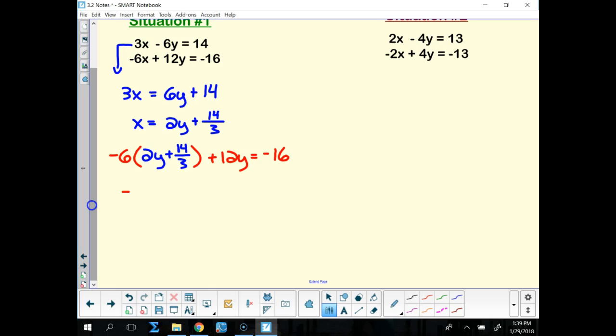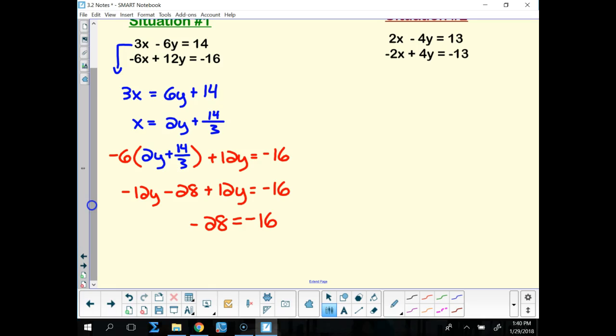That gives me negative 12y minus 28 plus 12y equals negative 16, which then gives me that. What's wrong with that?